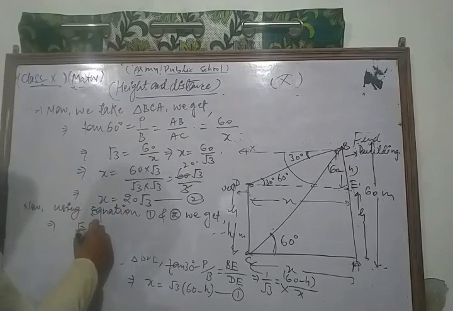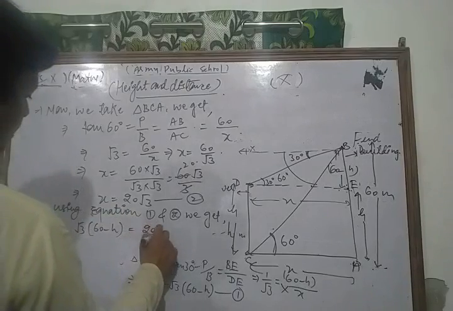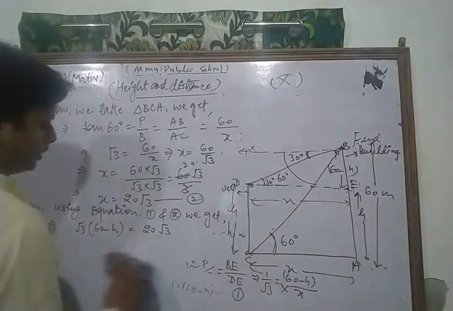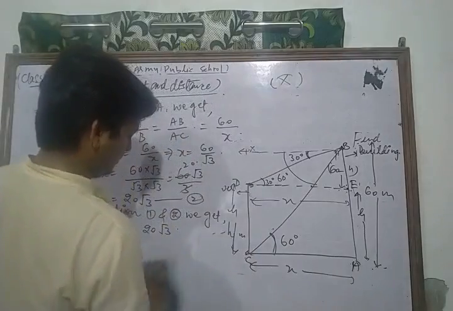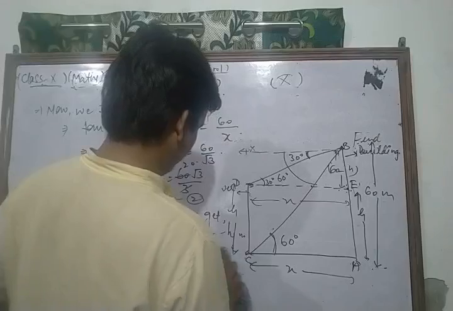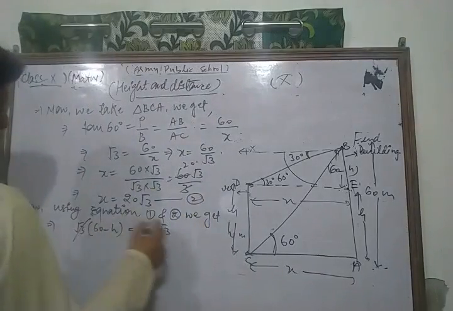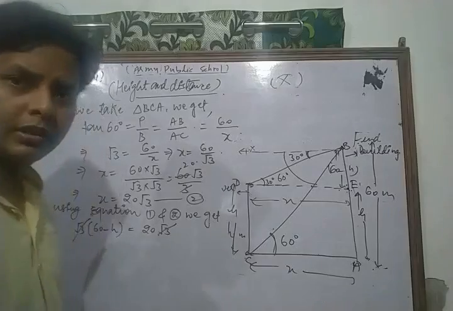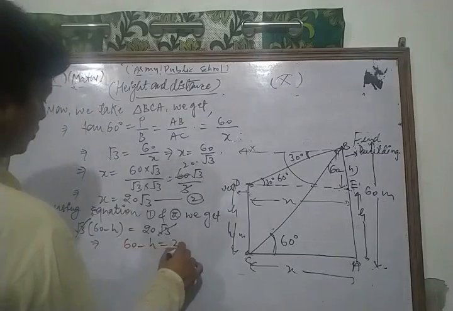Under root 3 into 60 minus h is equal to 20 under root 3. Now the root 3 cancels on both sides. So we get 60 minus h is equal to 20.